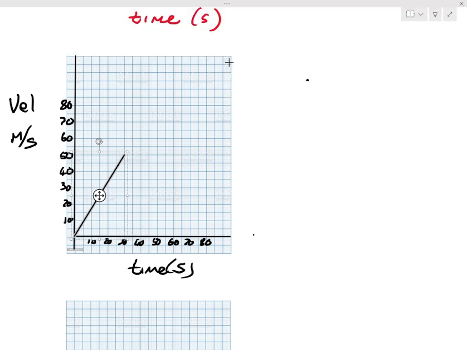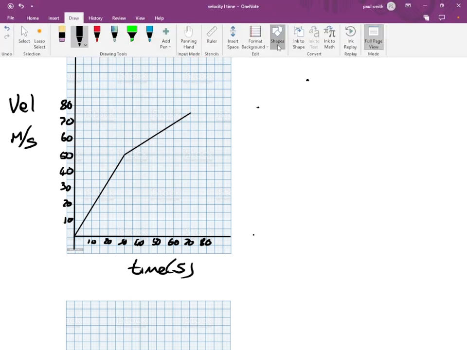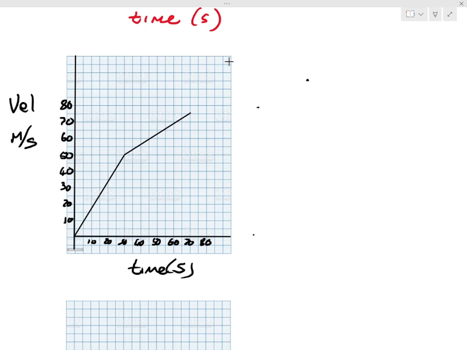Then I'm going to go up a bit, up to there, and then I'll come back down. So at this point we are accelerating at two different rates, and here we are decelerating.